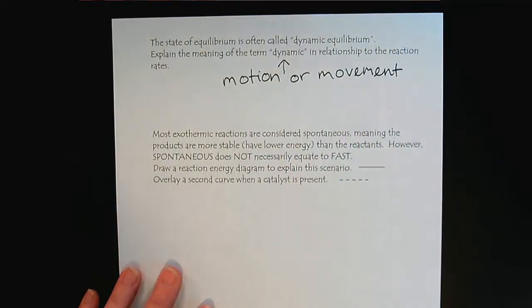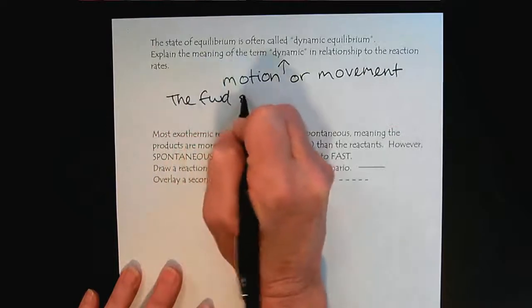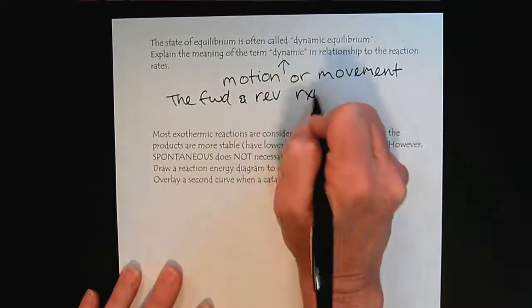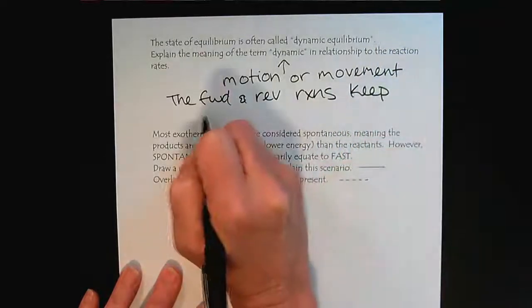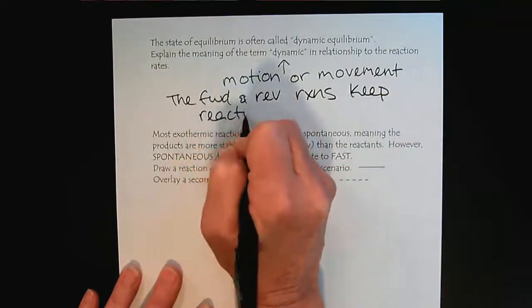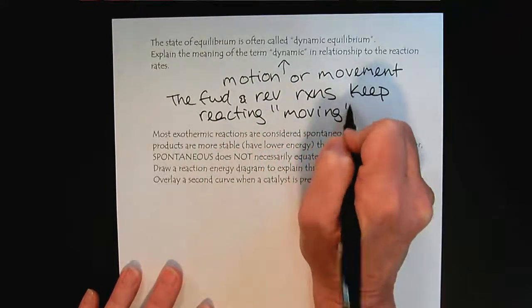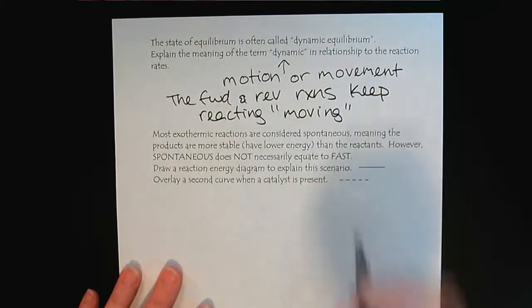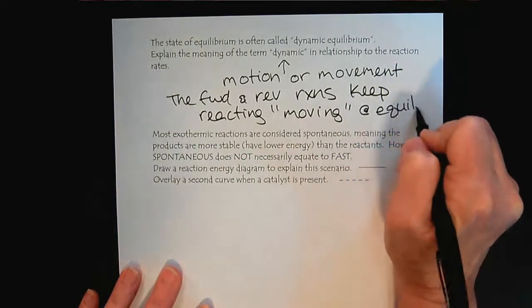So sometimes when you hear equilibrium described as dynamic equilibrium, it's because whoever's speaking really wants to emphasize that the forward and reverse reactions keep going, keep reacting, keep moving. It's because they're equal that we have the illusion that no change is occurring.